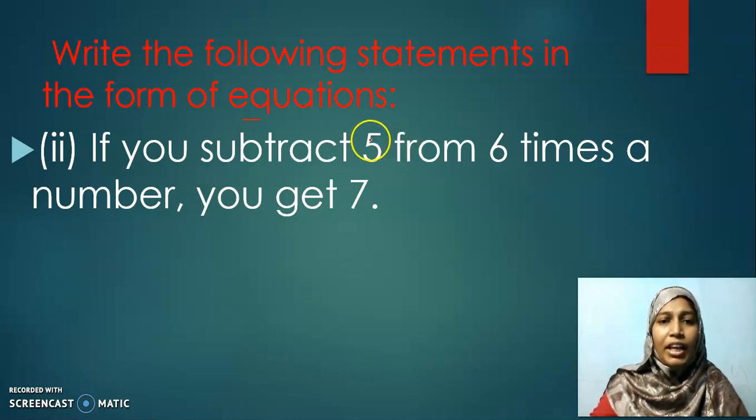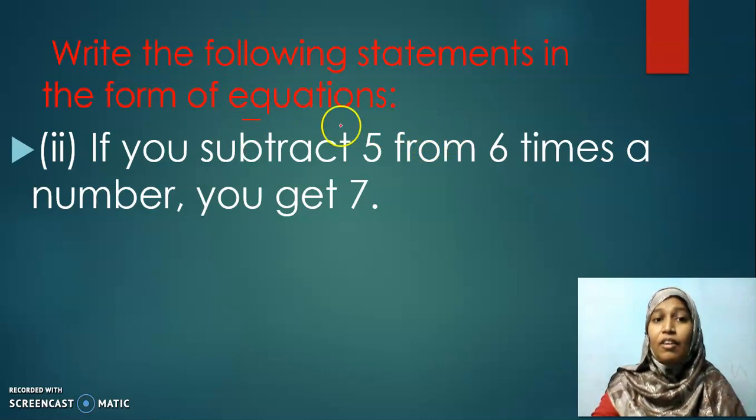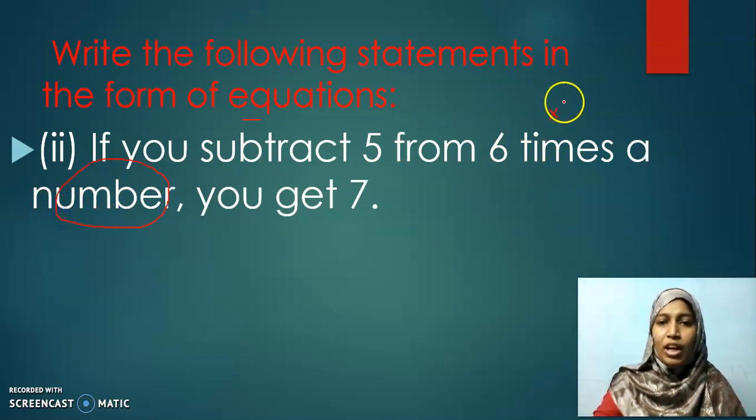Subtract 5 from which number? From 6 times a number. What is the operation we use when the word times comes? Multiplication. 6 times a number. I'm going to take this number as any letter. It can be n or x or y, whatever it is.